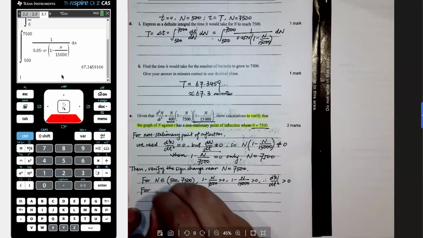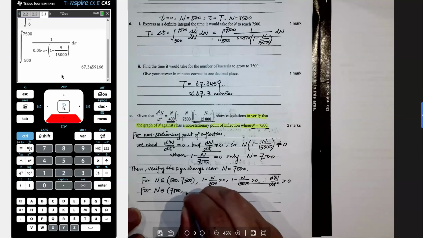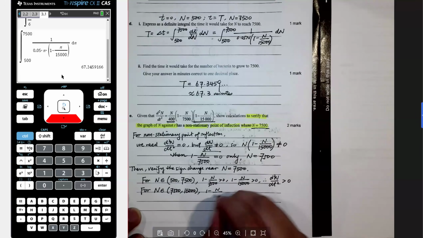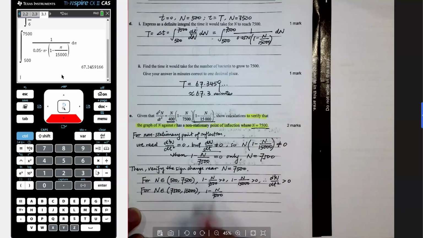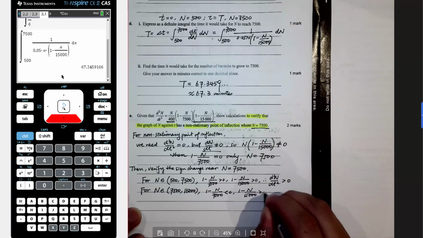And then for n between 7,500 and 15,000, your 1 minus n over 7,500 is a number larger than 1 now, so one take away a number larger than 1 should be negative. And 1 take away n over 15,000 is also greater than 0.